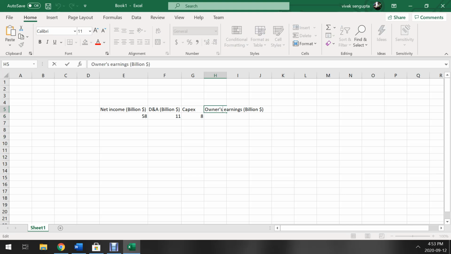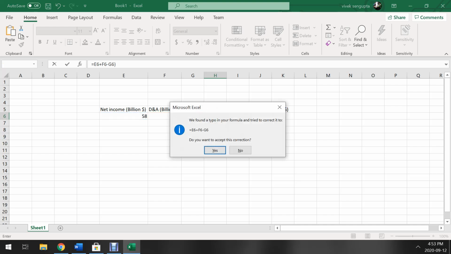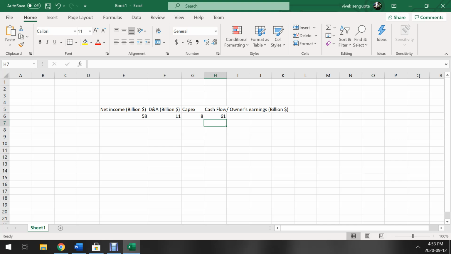So owner's earnings, or cash flow from the business. What we will get is 58 plus 11 minus the capex. Sorry, so that's $61 billion. Let me add the billion here.